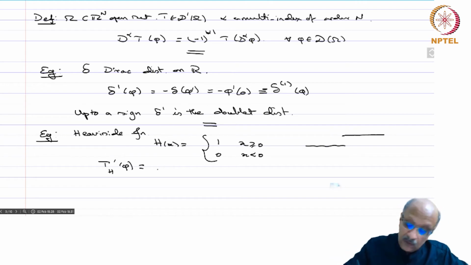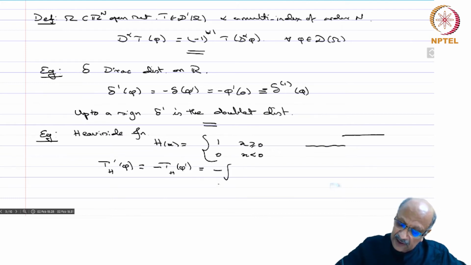This is equal to minus TH acting on phi dash, which is minus the integral over R of H times phi dash, and H is 0 for x less than 0.